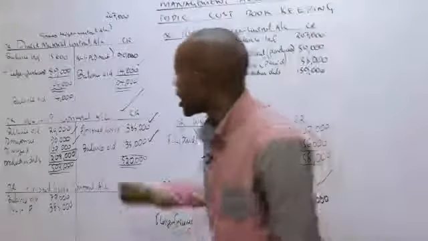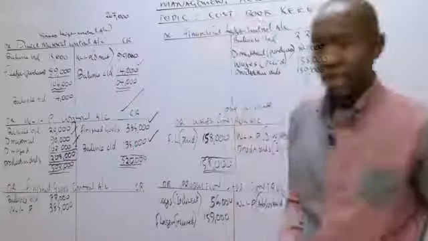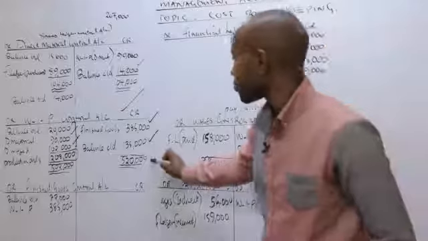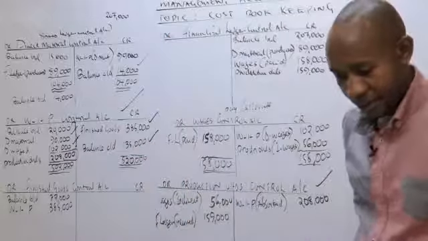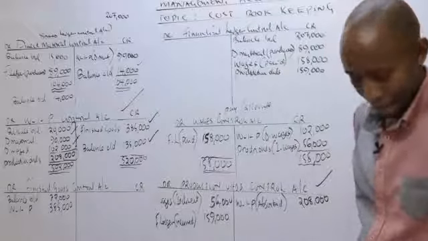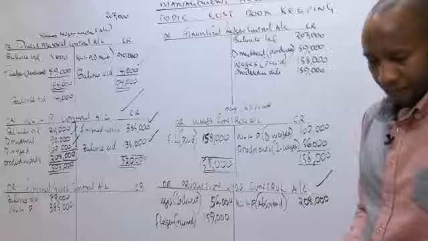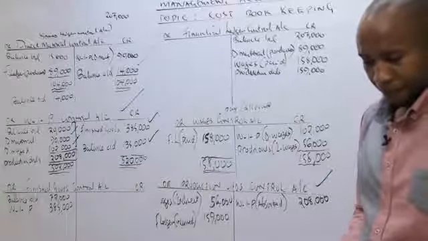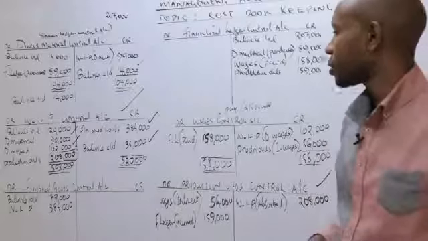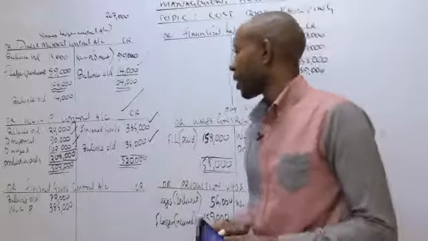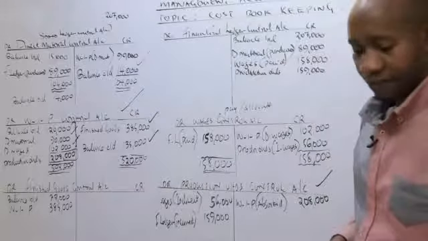Then when you add these three, they give you 312, and 312 subtracted from 520 should be 208. Is that okay now? Okay, good. If it's okay, we can now try to conclude.